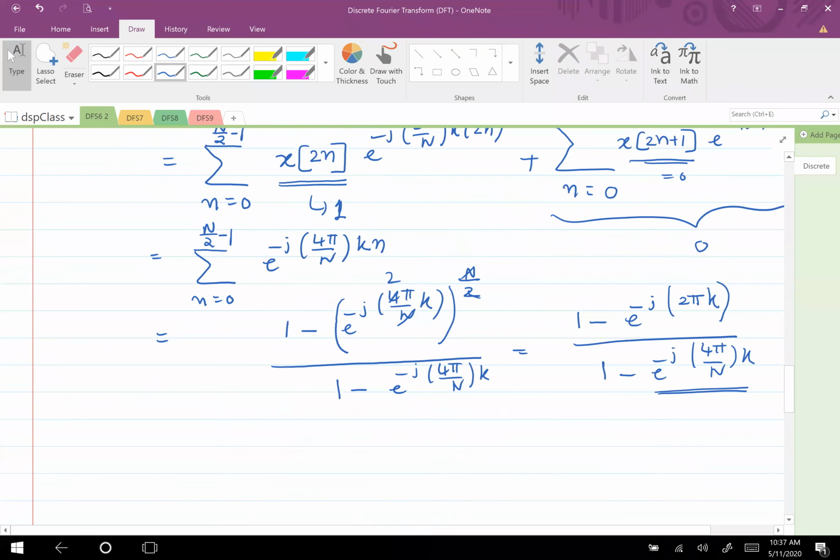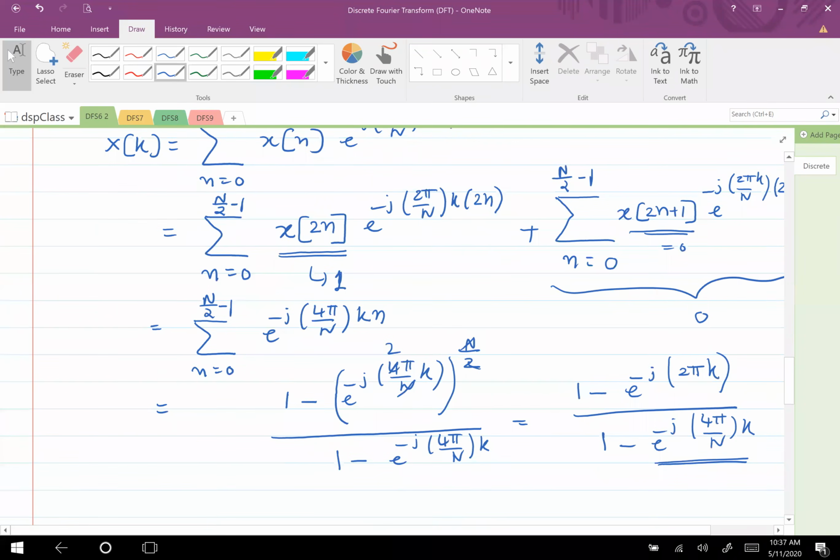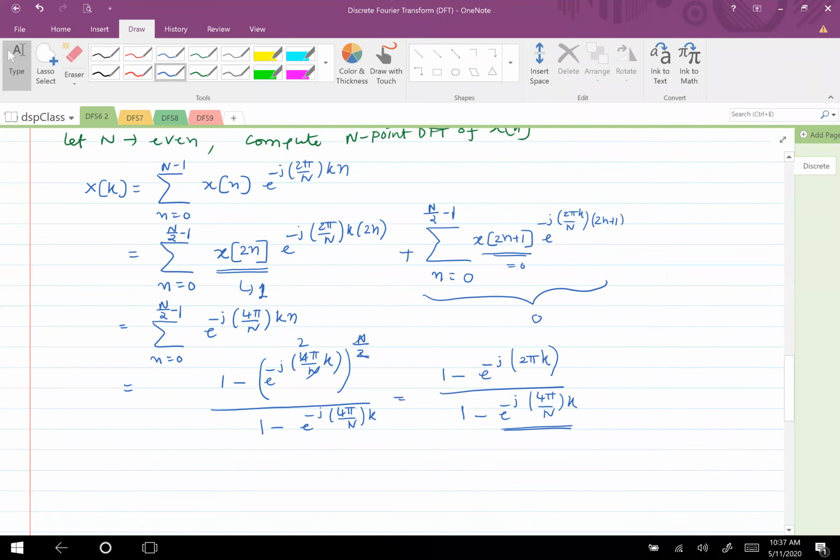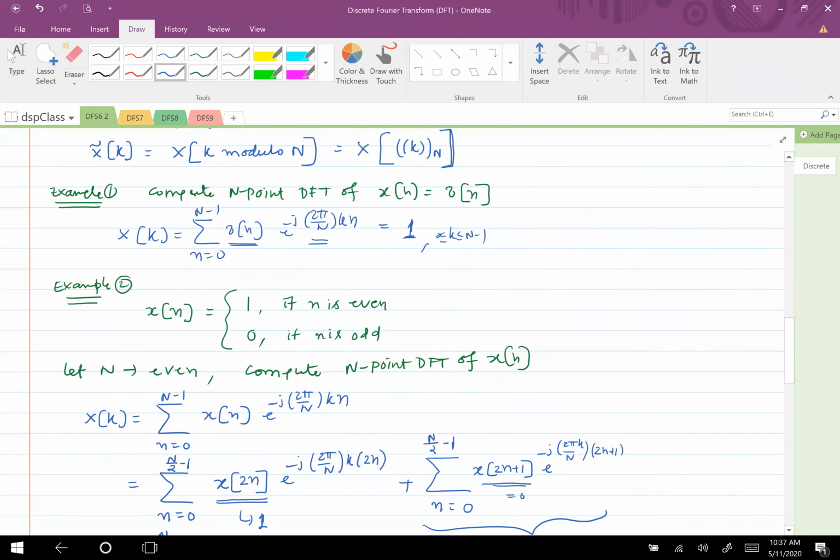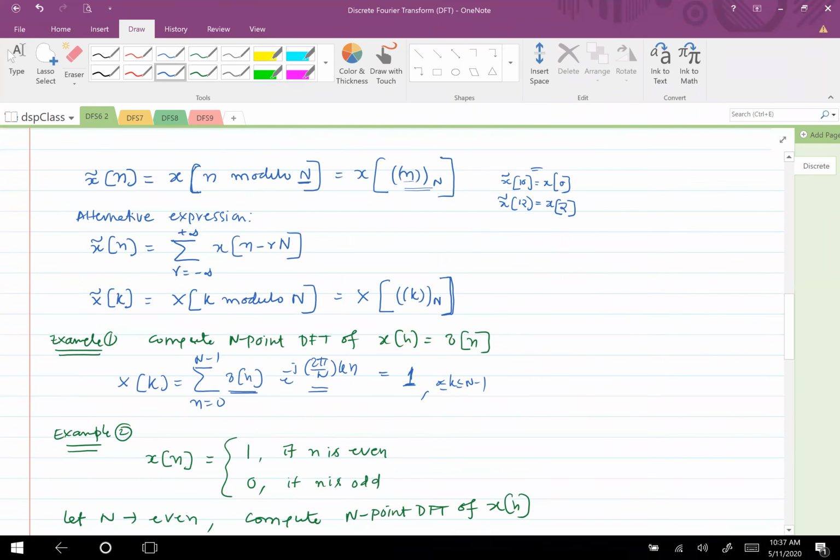Then we have solved a few examples here. I want to be very brief because we have discussed it in detail in the videos. The goal here is, if you have any questions or doubts, that's what we would like to discuss. So this first video was just to define what the DFT is and then solve some examples.